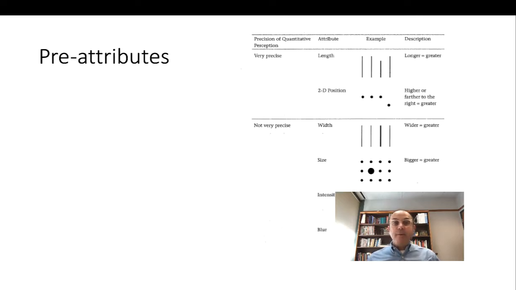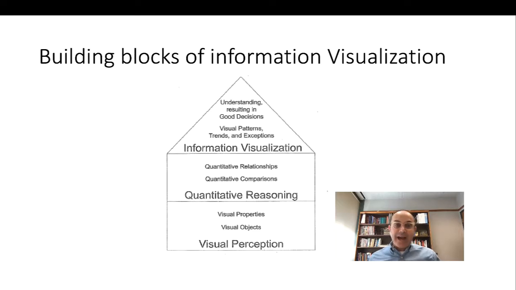We also have pre-attributes, and in this case, pre-attributes is the idea that helps us to comprehend the visualization aspect, and he lists for us pre-attributes such as length, 3D position, width, size, blur, intensity, in order for us to understand what is good and what is bad, in order for us to again try to communicate our findings.